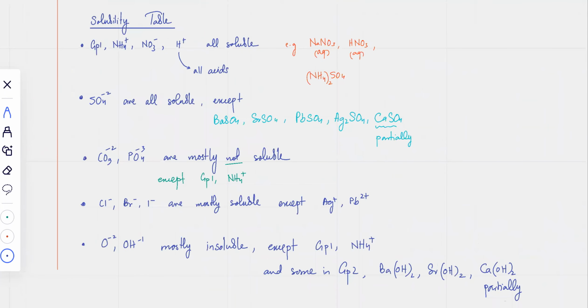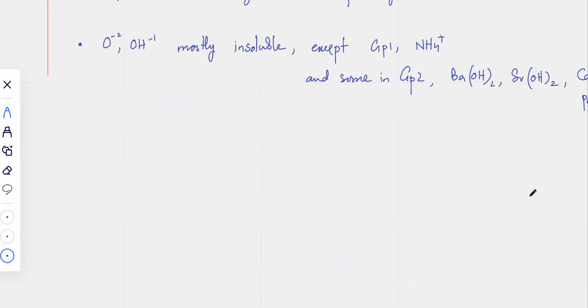This entire thing is your solubility table, which you have to memorize all of it, and you have to learn how to use it. So for example, I tell you what is the state of FeSO4. So these are example questions. Is it soluble or is it insoluble? So how would you find this out? You're going to look at the table.